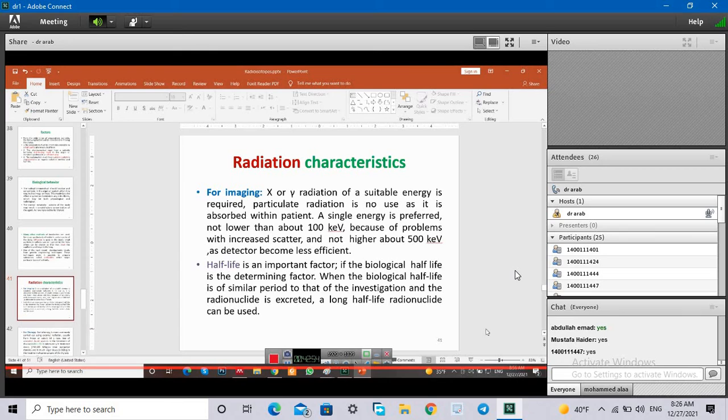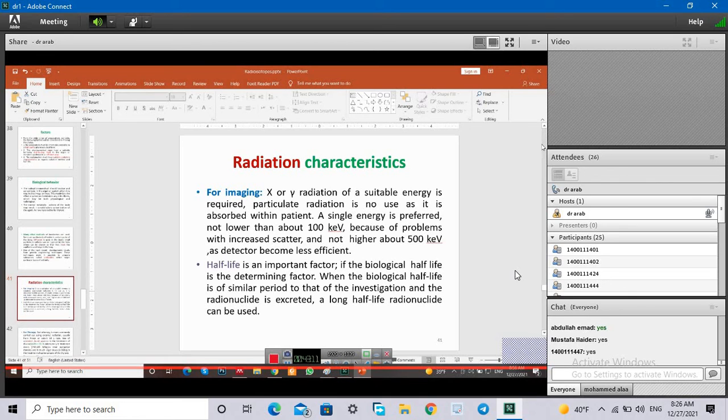The other parameter to consider in imaging is half-life. When the biological half-life is of similar period to that of the investigation and the radionuclide is excreted, a long half-life radionuclide can be used.